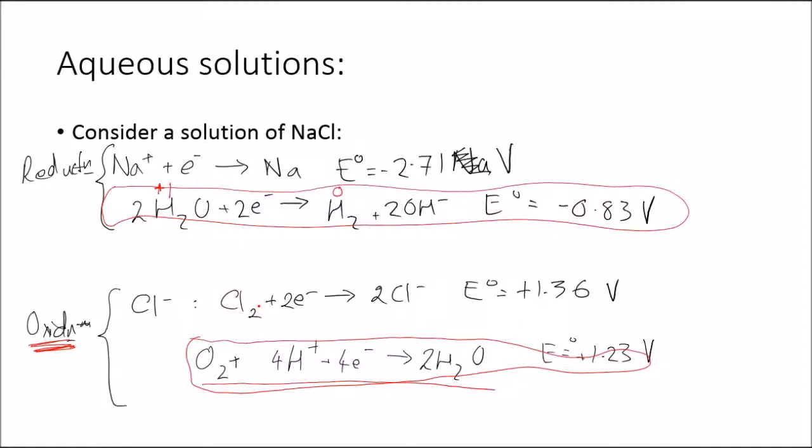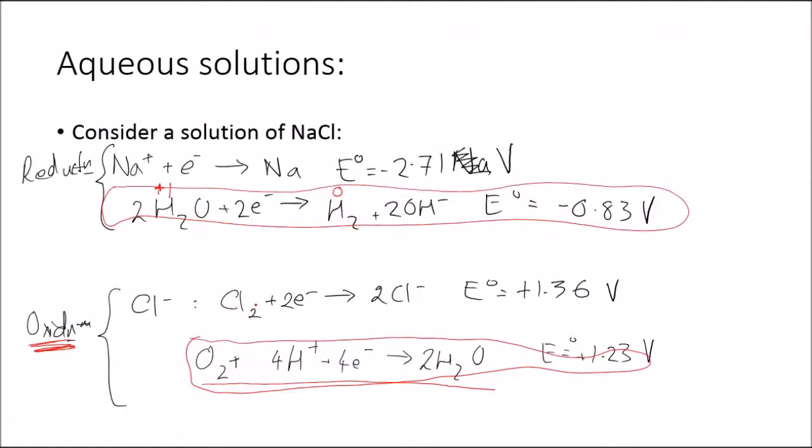But when this is done on an industrial scale, when the concentrations are much higher, so the amount of salt in solution is much higher, what actually happens is that the oxidation of chloride to chlorine is favoured, and so that is what happens.